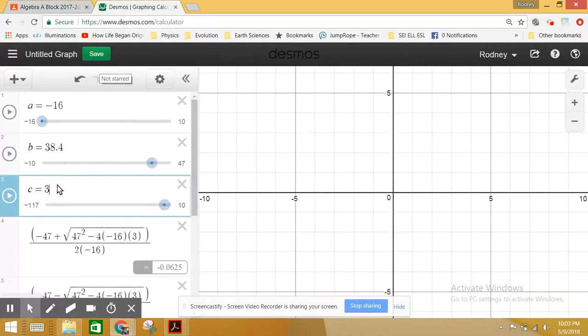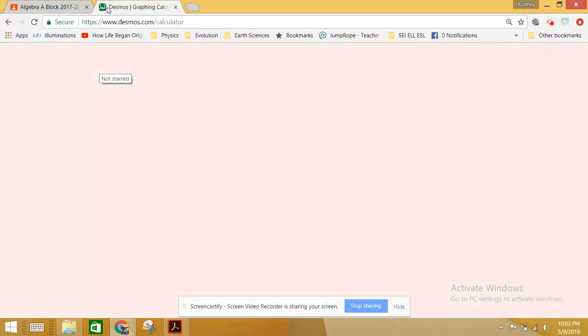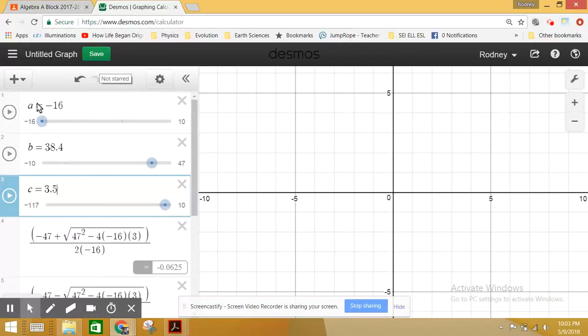Now, another reason I knew negative 16 here, which is half of negative 32 feet per second squared, is that I knew it was negative 32 feet per second squared instead of negative 9.8 meters per second squared, because everything is in terms of feet in this story.